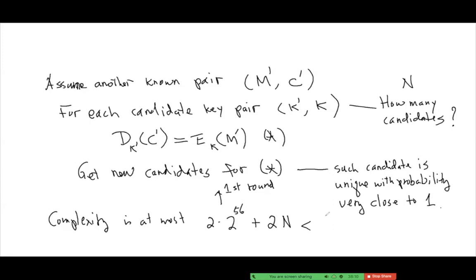So that will be 2 times 2 times 2 to the 56, which is 2 to the 58. So the complexity is much lower, and you have a large probability to find these keys.